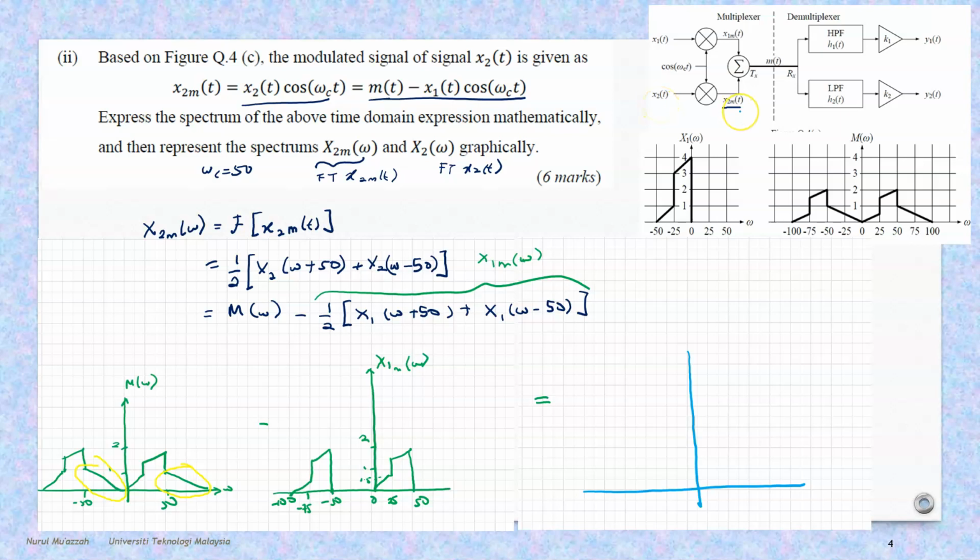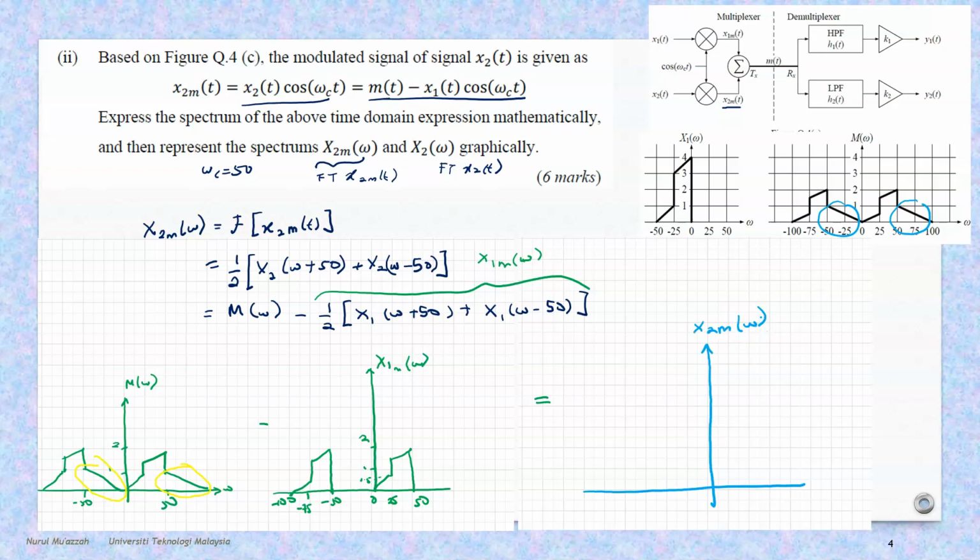Okay, x2m omega should have the same shape as x2 omega, but the amplitude is half. So we just take this part from m omega here, and we draw it again. Alright, so this part we have, sorry, my drawing should be better.